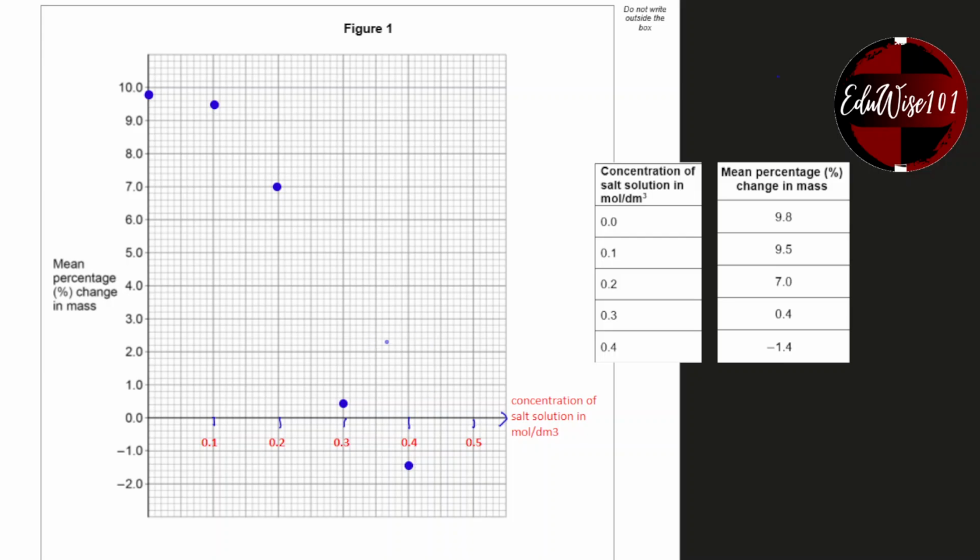Right? So let's see if I can draw this. Okay, so here's the line. It's not perfect, but you should try and get it as smooth as possible.